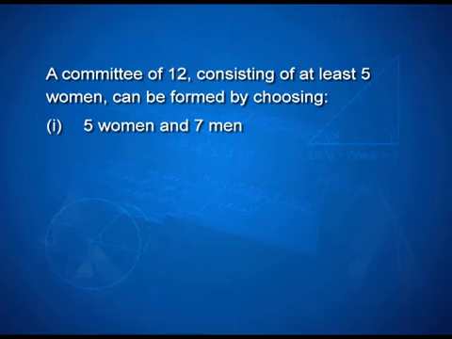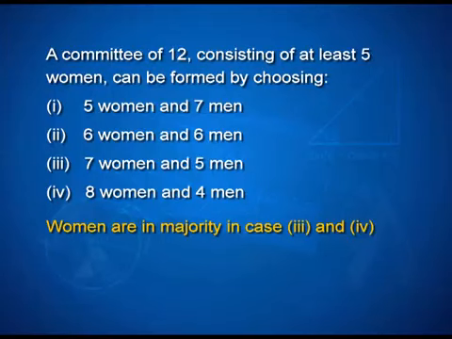So, we are looking at out of the 12, there has to be at least 5 women in our first part. So, when we say at least 5, you may have more than 5. So, how many such possibilities are there? I may have a committee which comprises of 5 women and 7 men, 6 women and 6 men, 7 women and 5 men, or 8 women and 4 men.